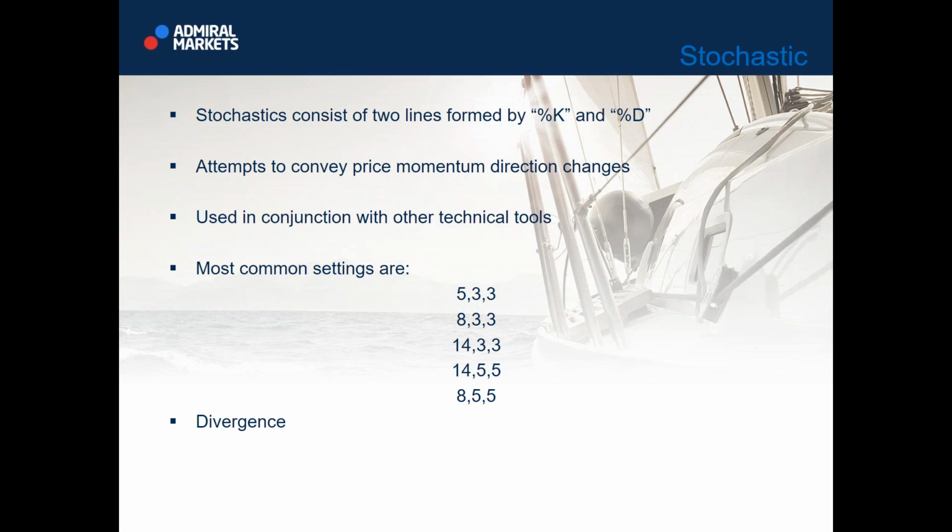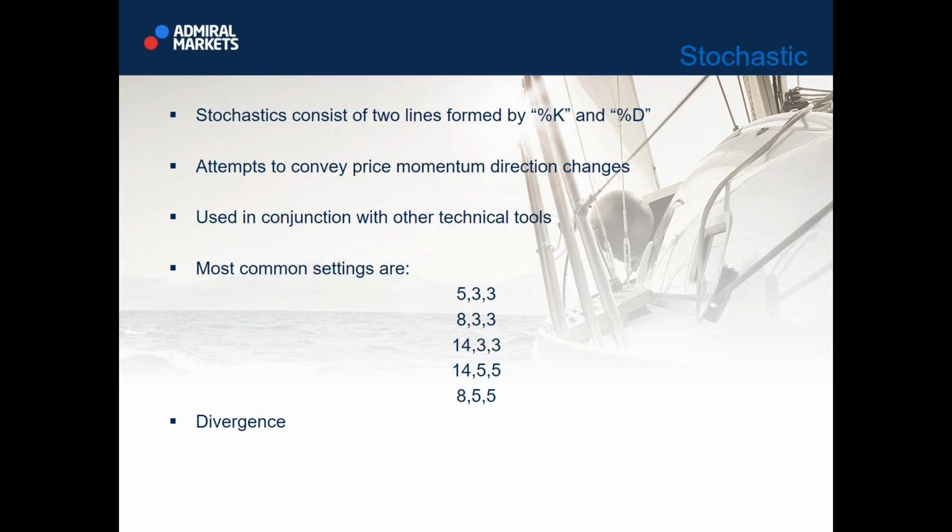Stochastic consists of two lines formed by K and D. Stochastics attempt to convey price momentum direction changes. It's used in conjunction with other technical tools, and most common settings are 5-3-3, 8-3-3, 14-3-3, 14-5-5, 8-5-5.